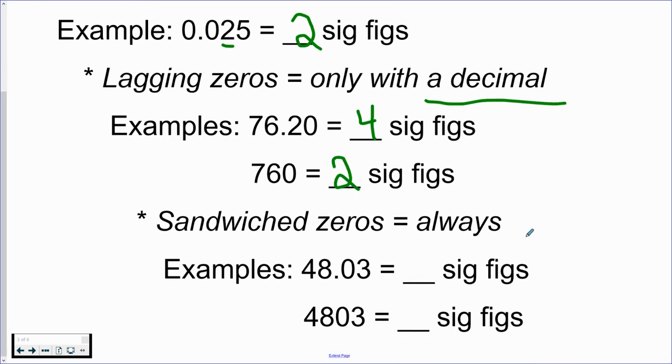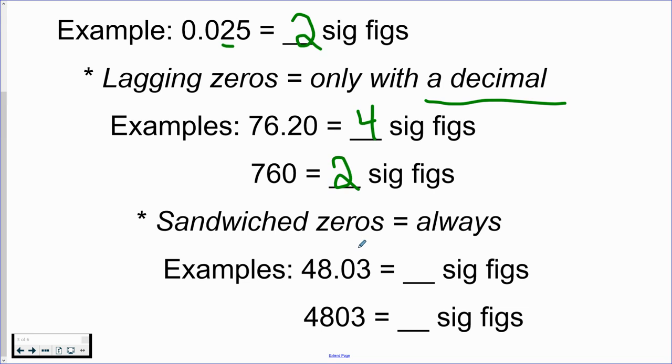And sandwich zeros. What I always like to say is if your mom or dad or yourself packed you a lunch and you had 2 slices of bread stuck together, is it a sandwich? No, it's just 2 slices of bread. So in order for it to be a sandwich, there's got to be something in between.